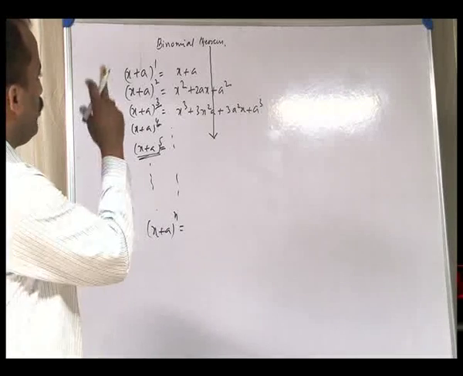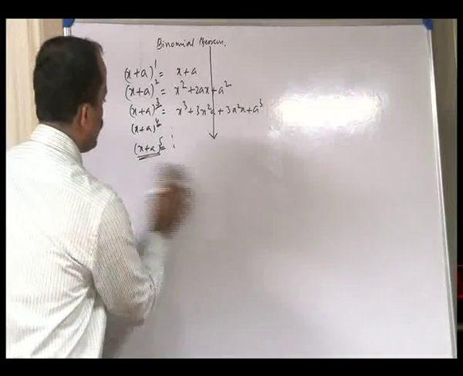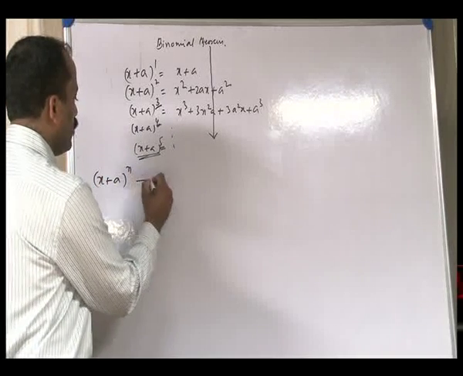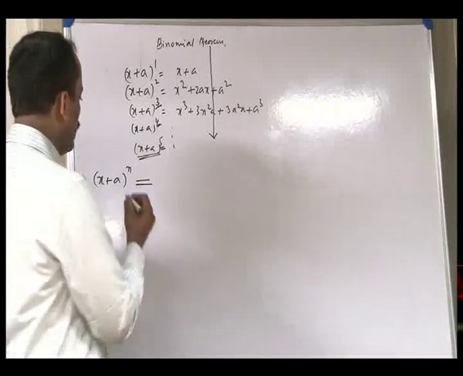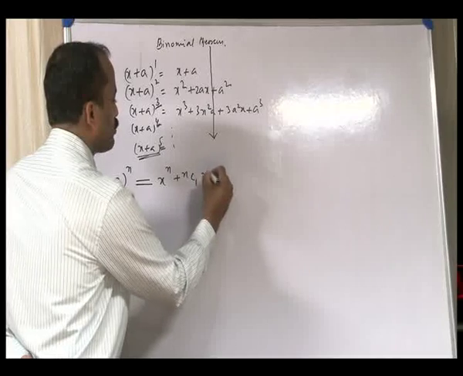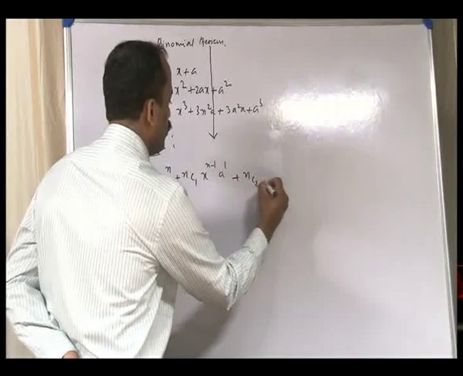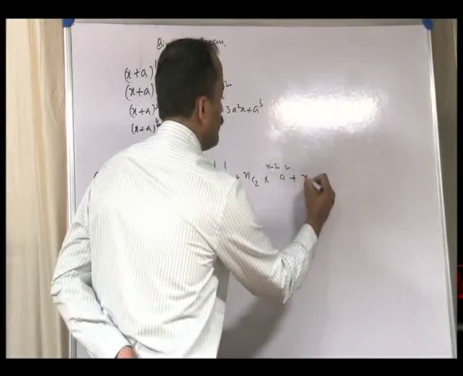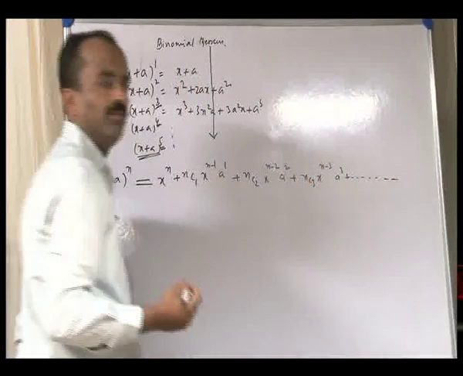Now, the binomial theorem statement: the expression for (x plus a) whole to the power of n, for n a positive integer, is equal to x to the power of n plus nC1 into x to the power of n minus 1 into a power 1, plus nC2 x to the power of n minus 2 into a power 2, plus nC3 x to the power of n minus 3 into a power 3, etc., up to n terms.